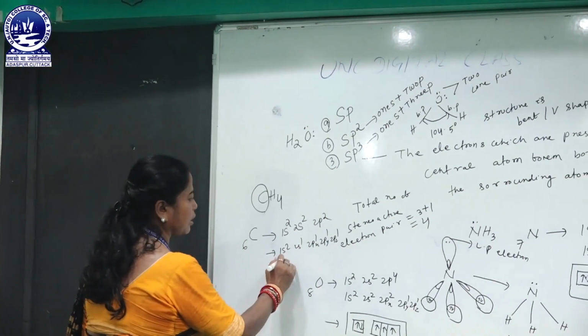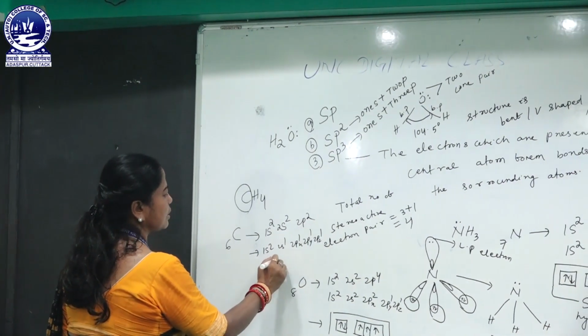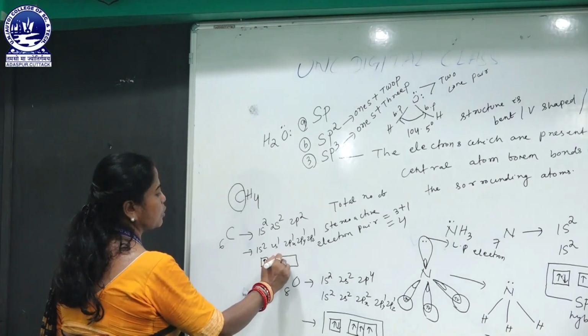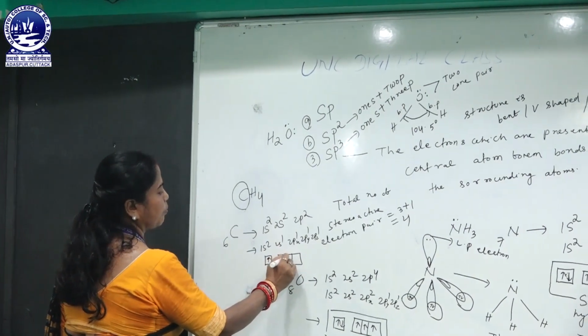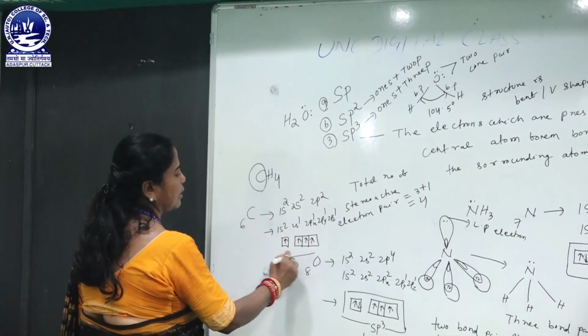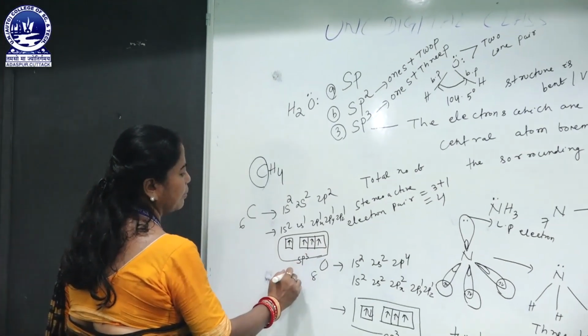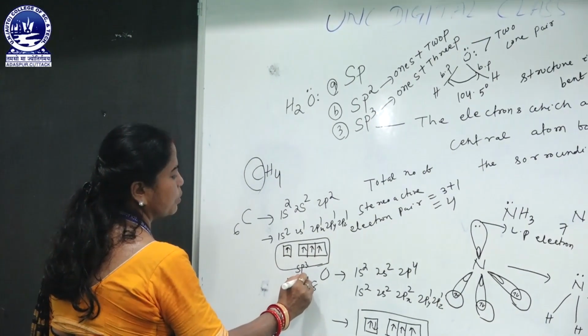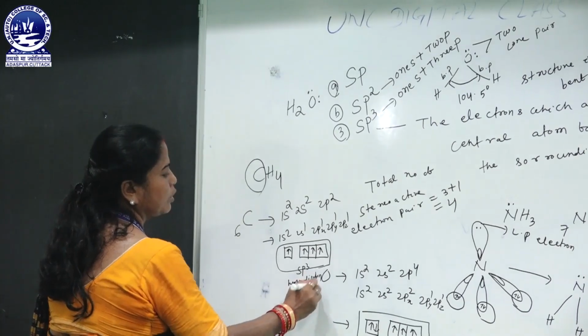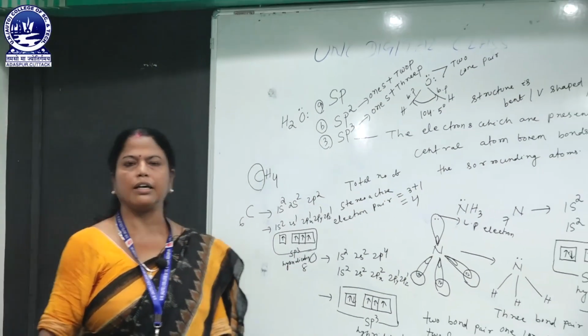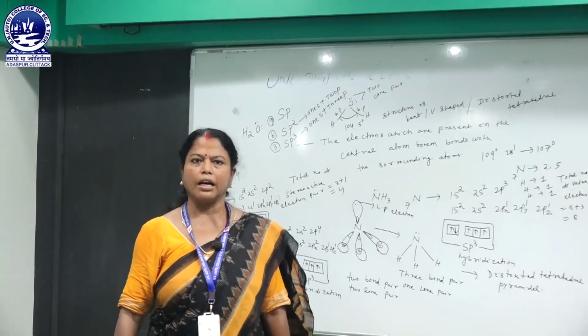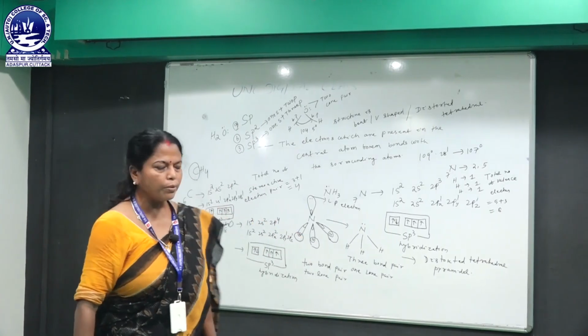And the box model configuration is 2s1, 2px1, 2py1, 2pz1, and they undergo sp3 hybridization. As a result, 4 equivalent sp3 hybrid orbitals are formed.